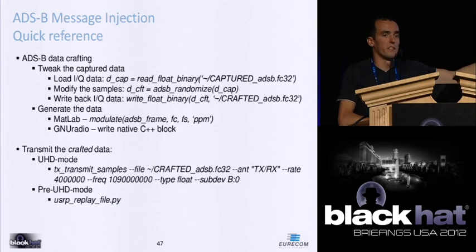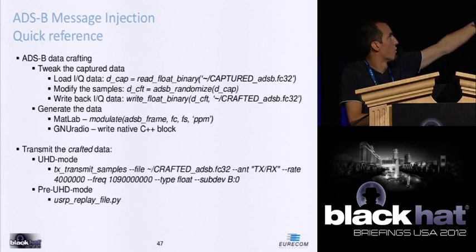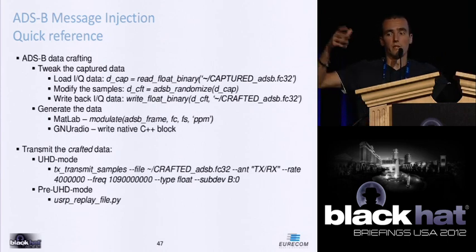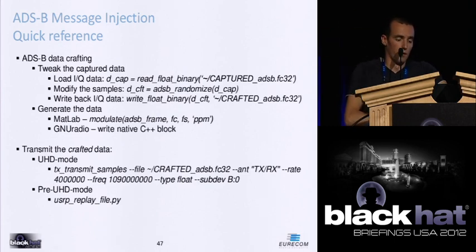To craft the data, there is a need for some math and some MATLAB. You can do it in multiple ways. We chose to modify the captured data in MATLAB because it provides PPM modulation out of the box. Transmitting the crafted data is the same as replaying the data. You just have some data, modify it, write it to a file, and replay the crafted file.